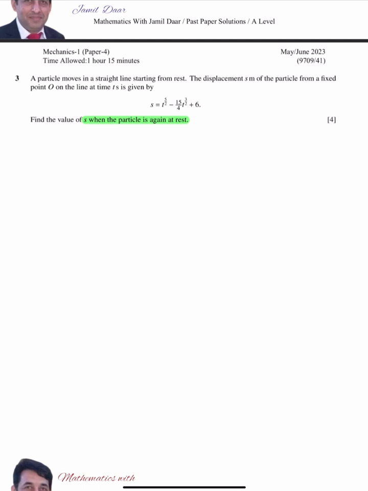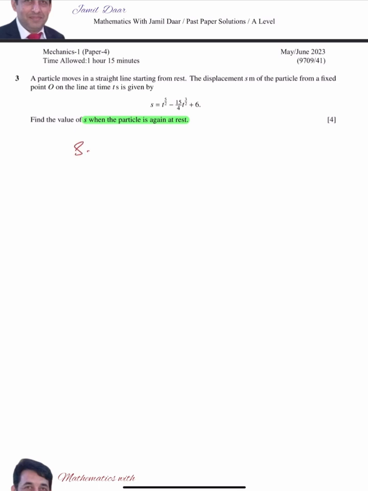And you know that velocity is equal to change in distance over change in time. So that is equal to ds over dt. So we'll find the derivative of the given displacement formula.